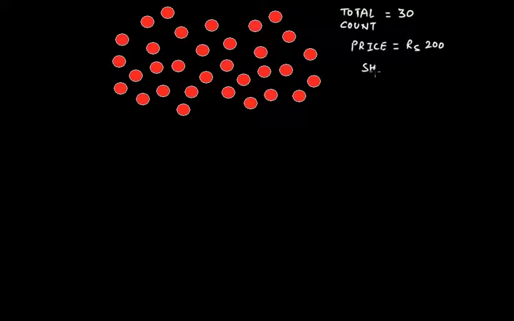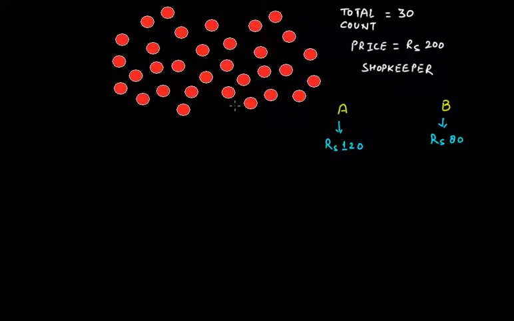The shopkeeper tells two persons, A and B, that they both need to pay rupees 200, a combined amount of 200. So A says, okay, I'm ready to pay rupees 120, and B says, then I'll pay the remaining amount, that is rupees 80.